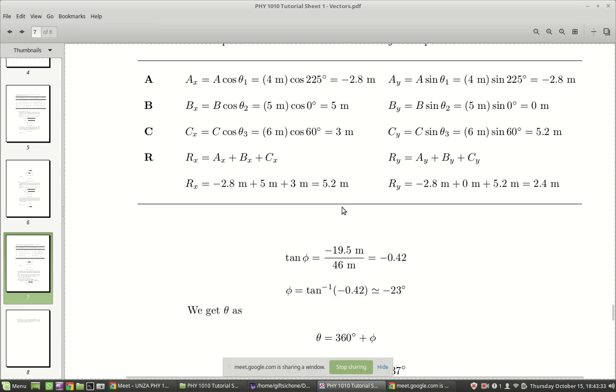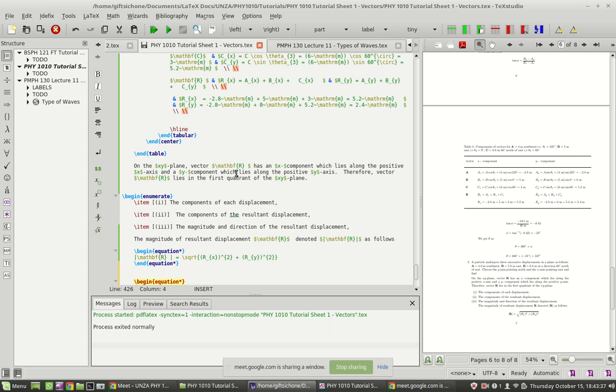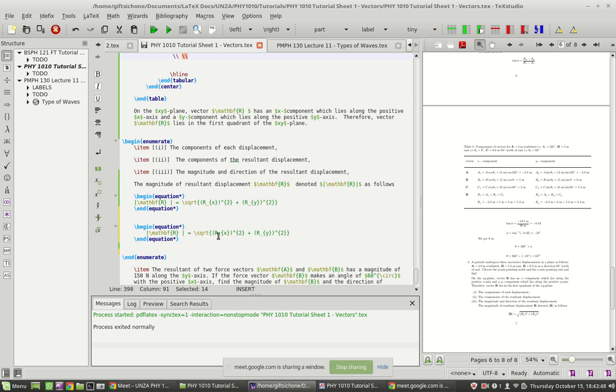You look at the table there. How much is our Rx? 5.2.